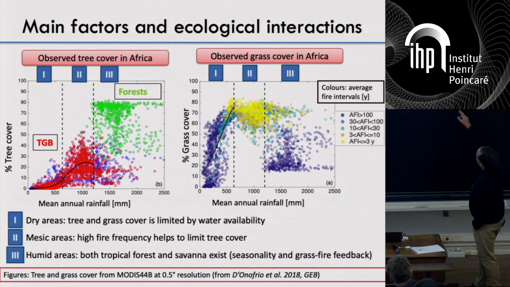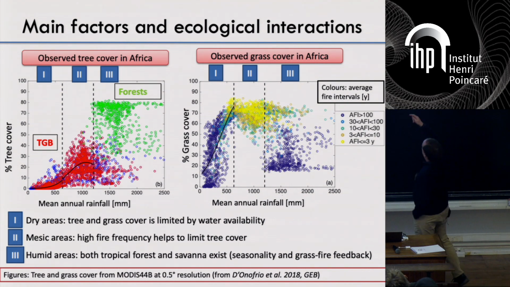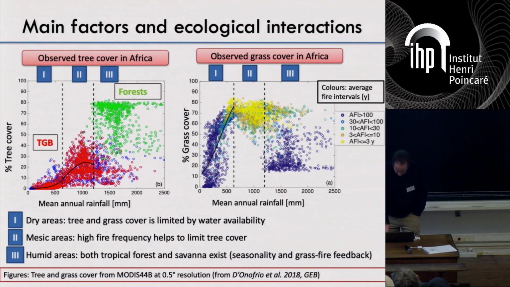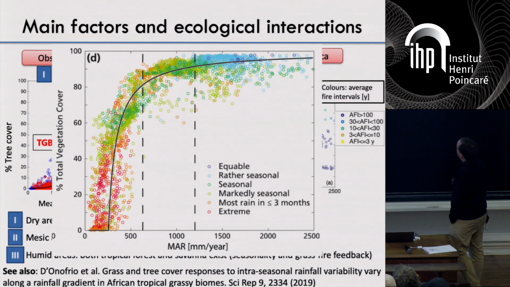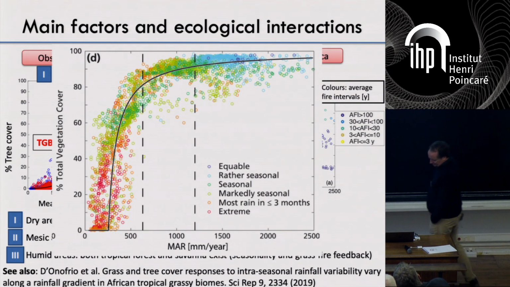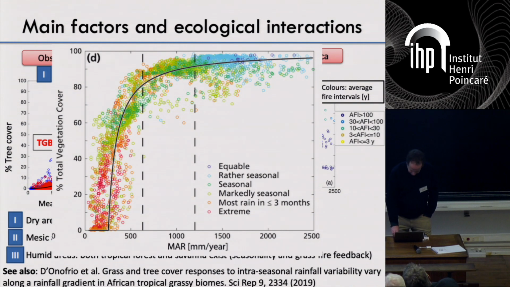And you can see that the two alternative states are also characterized by different fire regimes. There are also other factors, of course, at play. One of them is seasonality of precipitation, and this was studied in a separate paper. You see the citation down there.